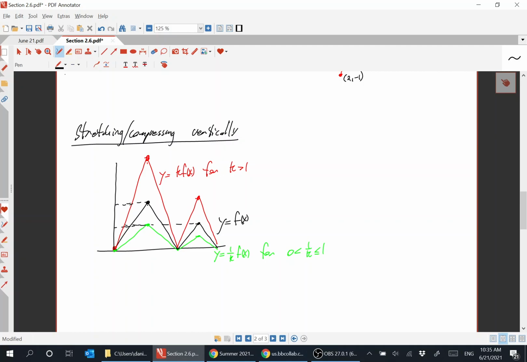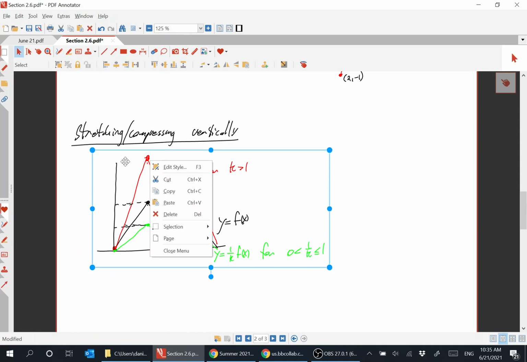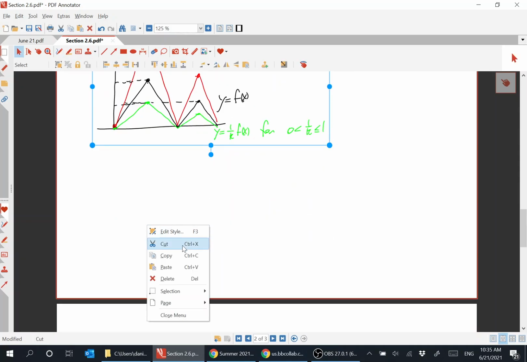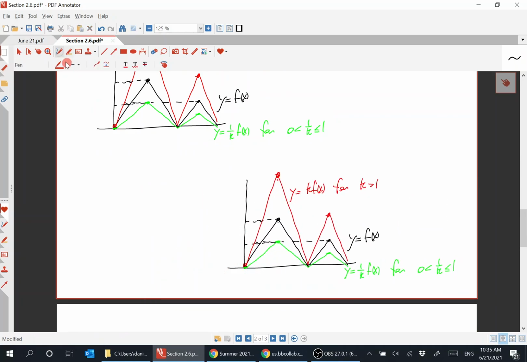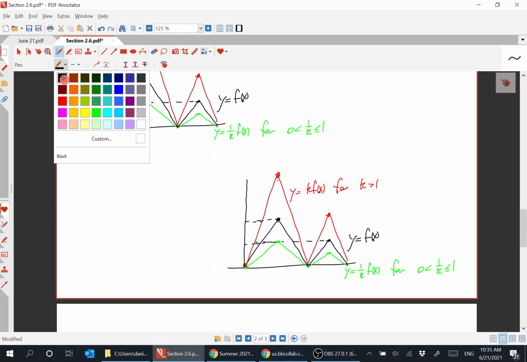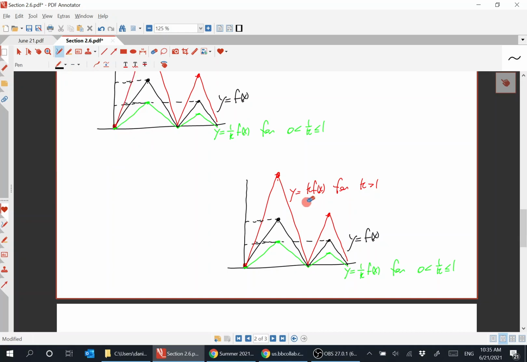Okay, so stretching up vertically or squashing down vertically is done by multiplying the function by a constant that's bigger than 1, or by a constant that's less than 1 but still positive. So in this particular picture here, the constants used are, of course, 2 and 1/2.